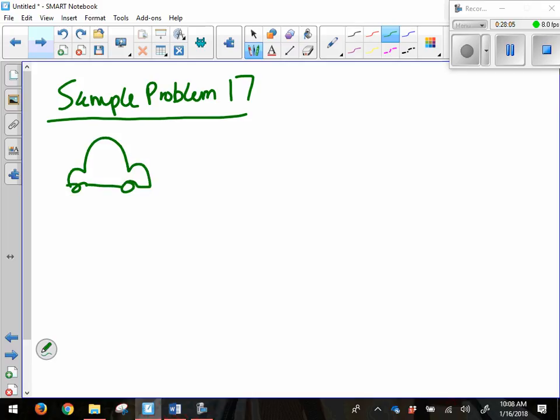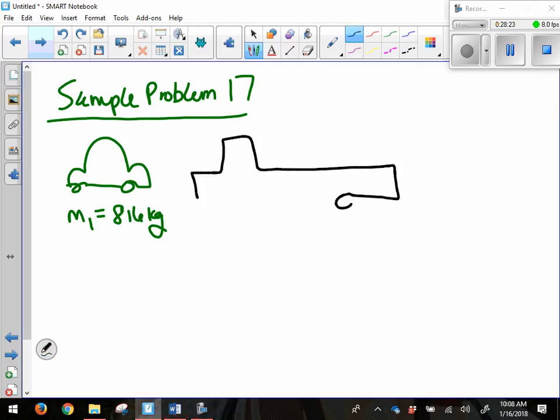I've got my little VW bug here. It's a big mass compared to a person or a basketball, but compared to a Cadillac, which don't really look like this anymore, but they used to.